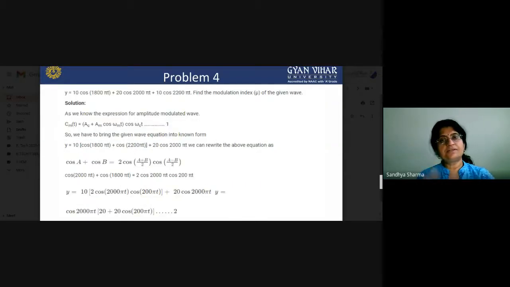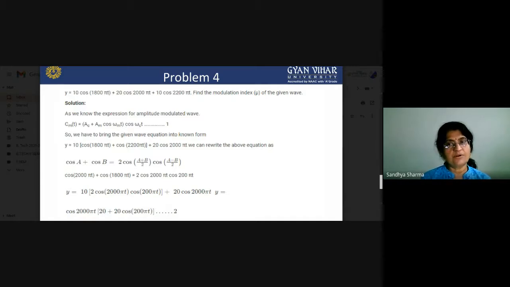Now we will move to problem number 4, where you have to calculate the modulation index. The given wave is 10 cos 1800 pi t plus 20 cos 2000 pi t, and so on.